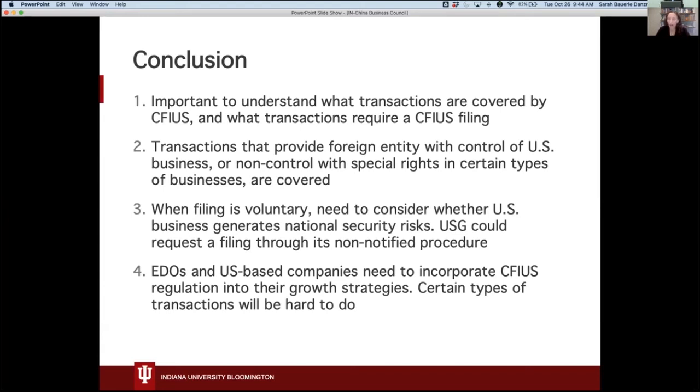But now there really is more focus on things like critical technology, and that is about trying to make sure that technology that the US government wants to keep controlled for national security reasons doesn't leak from the US company to threat actors. And then also the sensitive personal data, that's very well defined in statute.